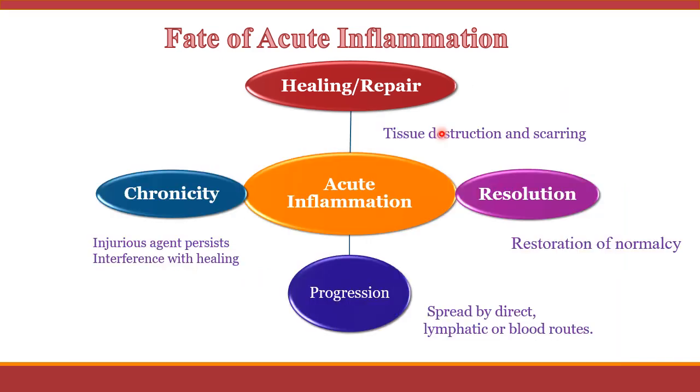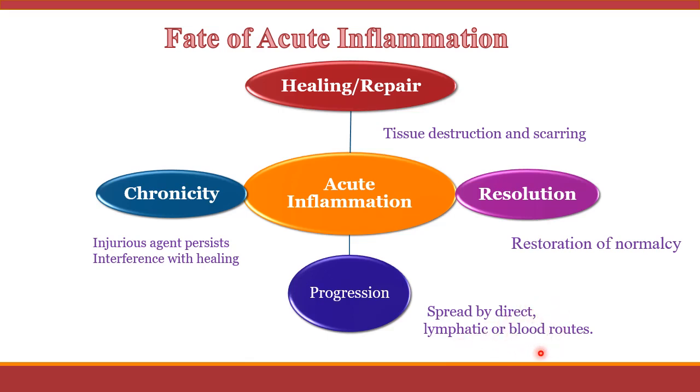Now we are left with two other possible fates for acute inflammation. We can see progression of the acute inflammation in the form of spread of infection by direct spread to the neighboring tissues, by lymphatic spread through the lymphatic channels and lymphatic circulation, or by blood spread through the blood vessels to the systemic circulation.